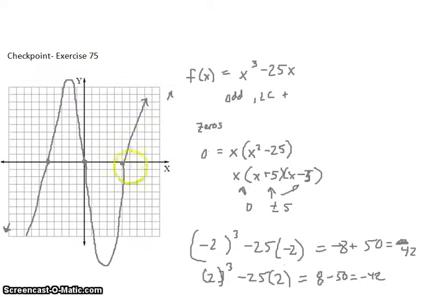I didn't draw it perfectly straight, but it's going to come back up in this direction. So it should look something like this. So there's your graph for 75.